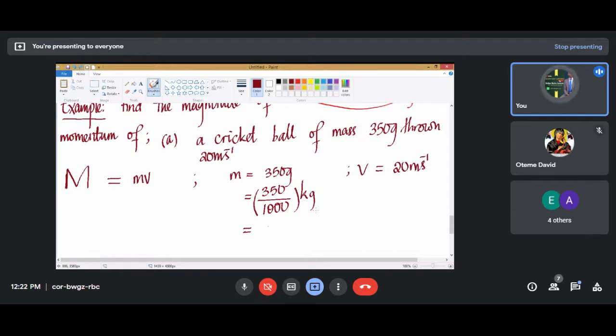It's 0.35 kilograms. So this is our mass, this is our velocity. Now the momentum will be 0.35 multiplied by the velocity, which is 20. Now what will the momentum become?